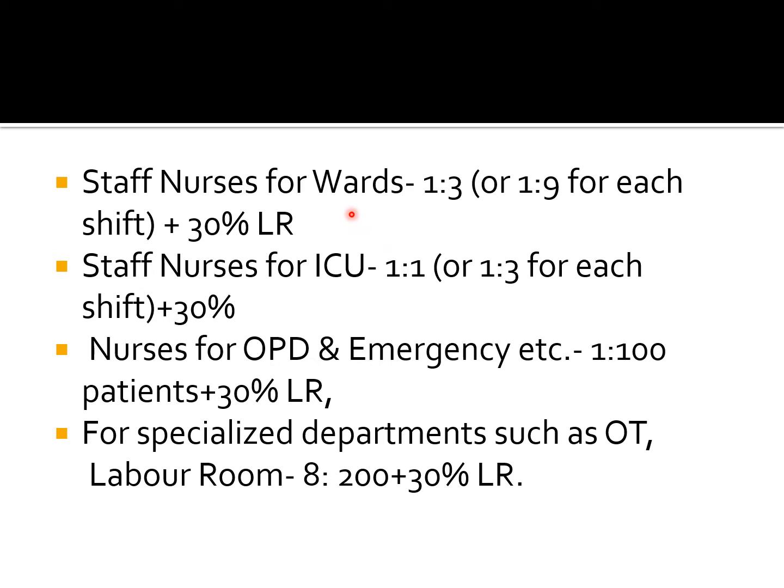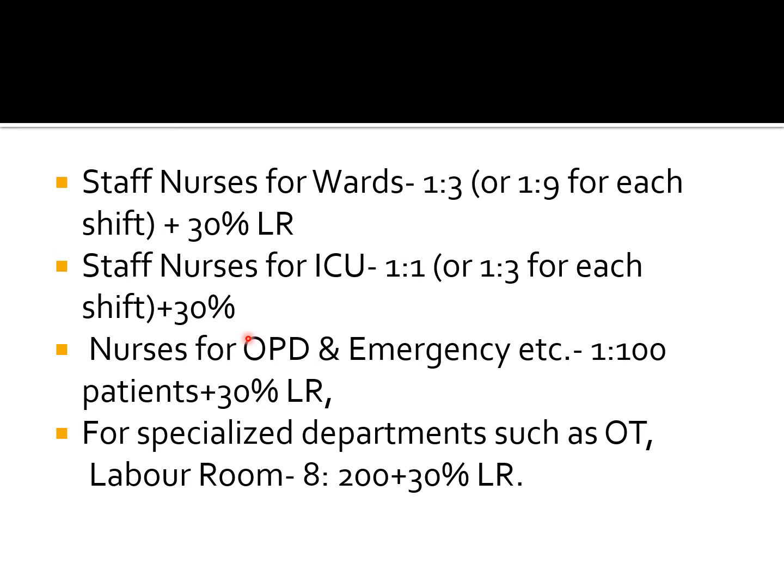Coming to the staff nurse recommendation by the same committee, staff nurses for wards 1:3 or 1:9 for each shift plus 30% leave reserve. Staff nurses for ICU 1:1 or 1:3 for each shift plus 30% leave reserve.